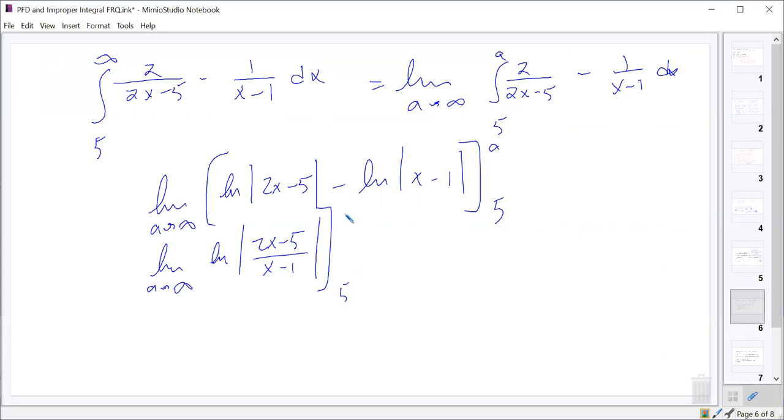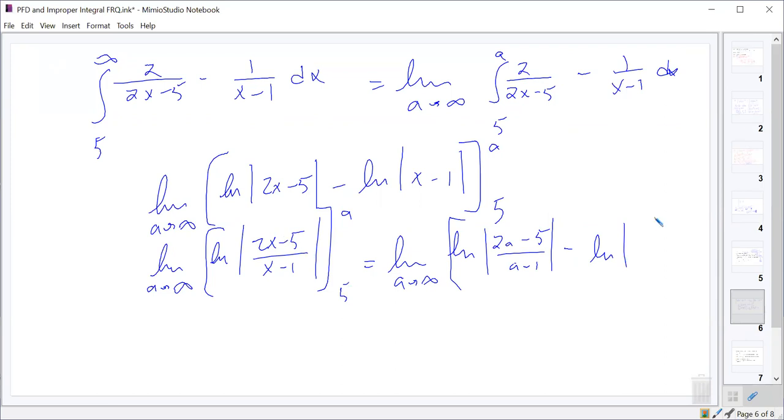And then we'll go from 5 to a on that, which will give us the limit as a approaches infinity of the natural log of 2a minus 5 over a minus 1 minus the natural log of, what do we get if we plug that in there? That gives us 5/4. Everybody good with that?